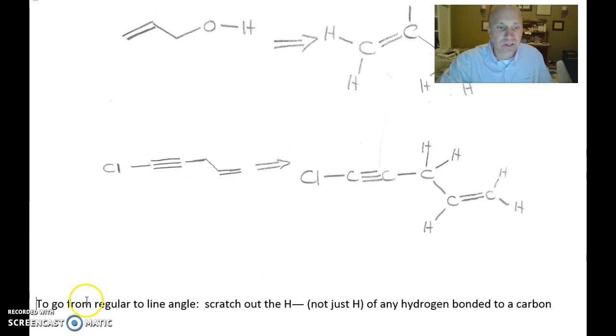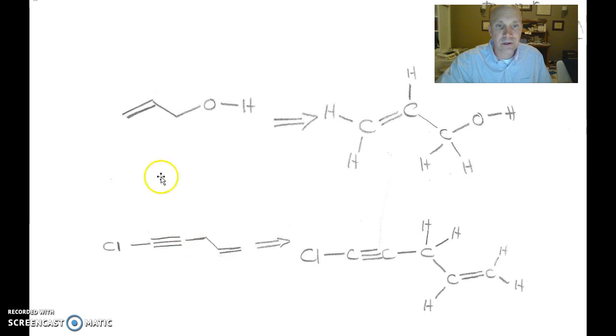So just a little bit of advice. A lot of times when people are learning this, it's a lot easier to go from a line angle to a regular structure because I can take this and just draw in my carbons over top and then just fill in the extra hydrogens. People tend to have a lot tougher time when they go from a regular structure back to a line structure.